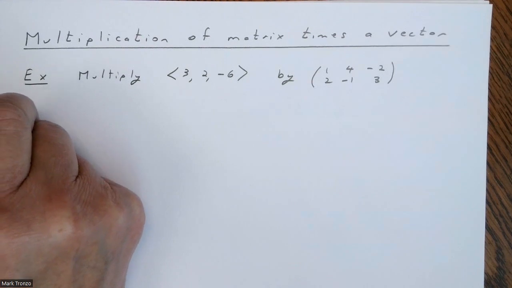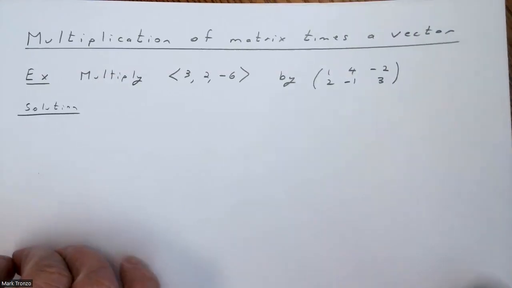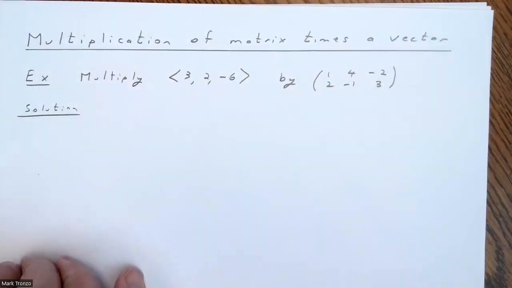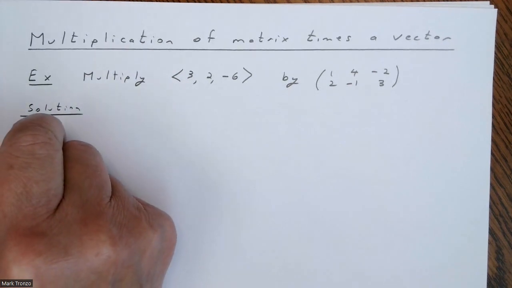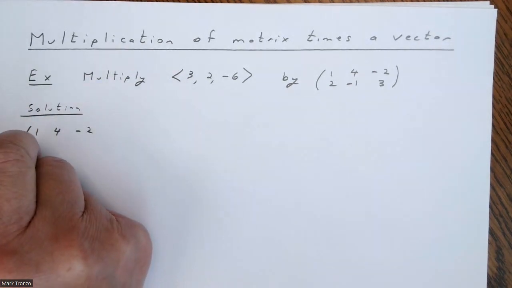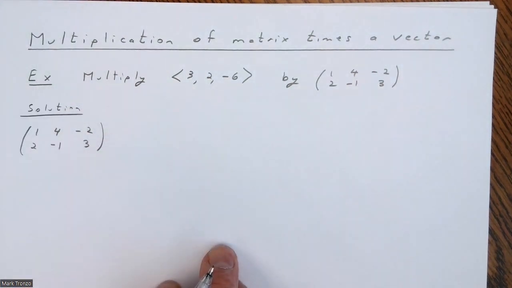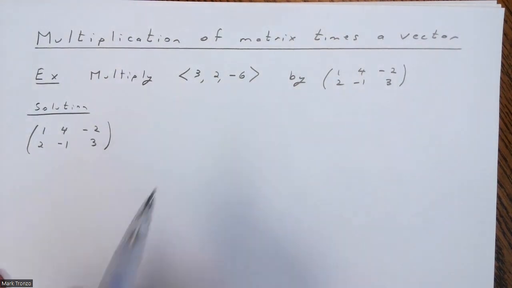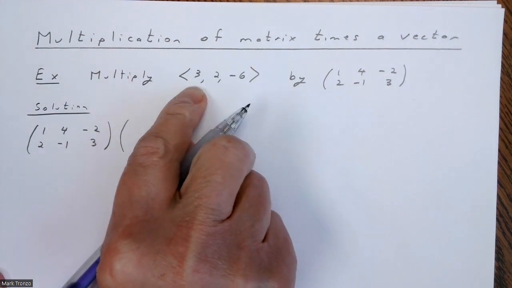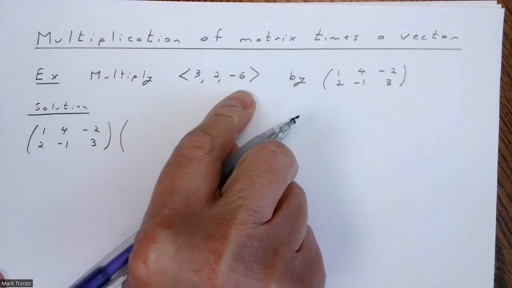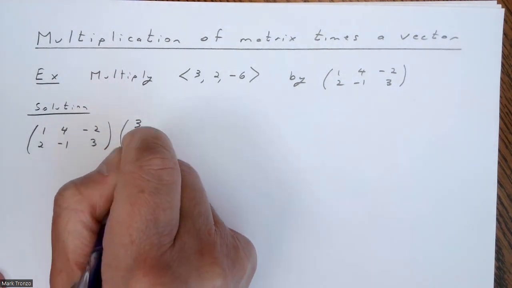And so let's do that. Again, usually we're going to be multiplying the vector on the right of the matrix. So we'll have 1, 4, minus 2, 2, minus 1, 3. And then we write this vector as a column. And so whenever you have commas here, this is going to be like a column here, like this.